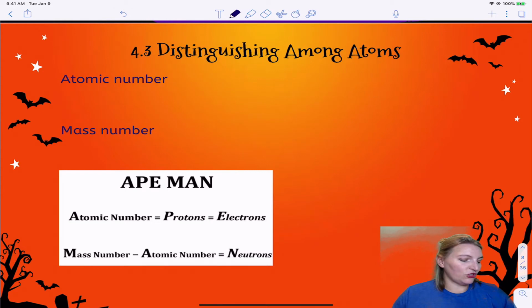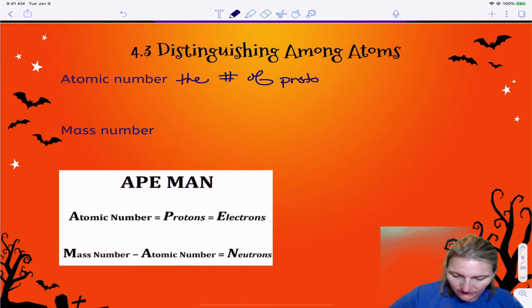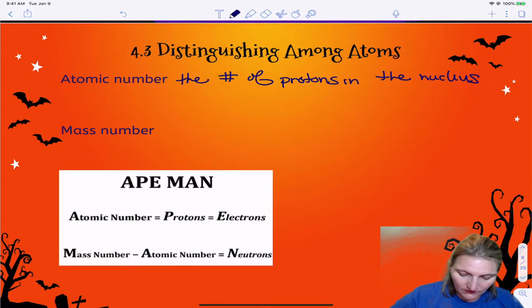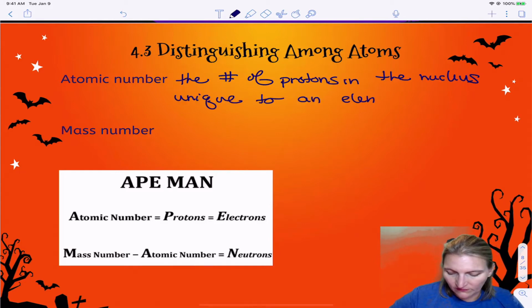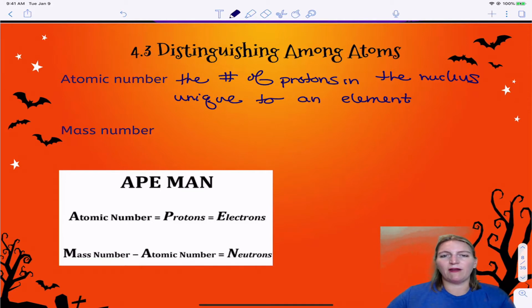The definition of an atomic number is the number of protons in the nucleus of an atom. It also is unique to that element. What makes oxygen oxygen is the fact that it has 8 protons in its nucleus. No other atom will have 8 protons in its nucleus other than oxygen.